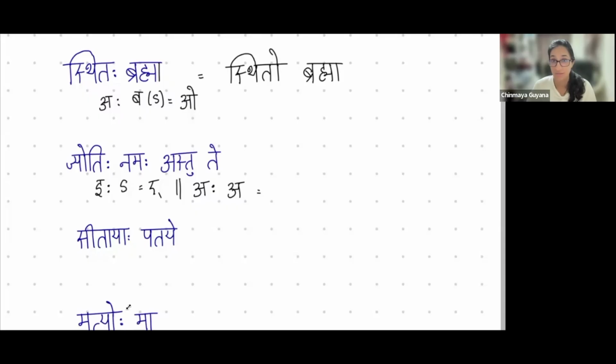Aha and a becomes o. Everyone saw that, right? Aha meeting a becomes o with avagraha. So same one we did for soham. So this becomes o avagraha. Now see how to write it.